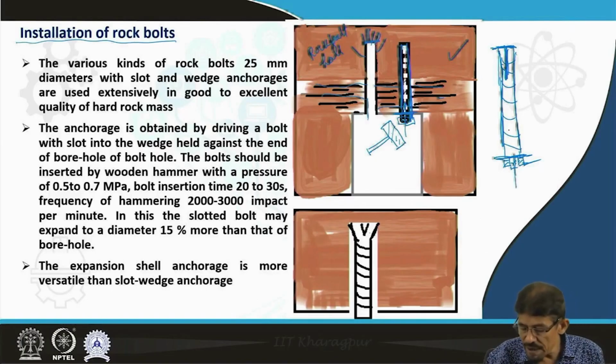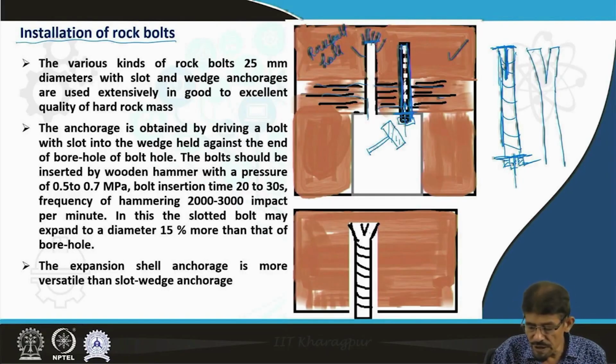Due to continuous hammering, what happens? The bolt starts changing in configuration like this. The upper portion starts expanding and makes close contact with the walls of the hole.